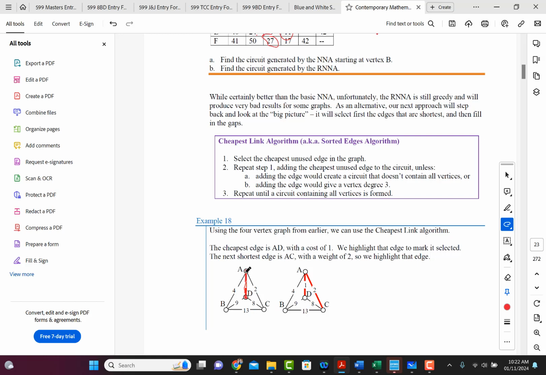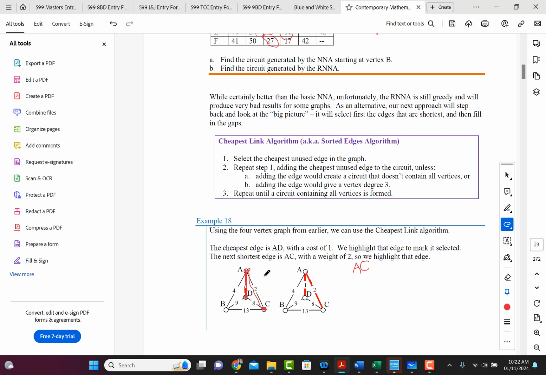Right, so that's 1. Okay, now we choose the next cheapest edge, which is going to be AC, right? So I'm just going to choose this one here. So we'll go all the way to AC. So now we've got those two, okay?